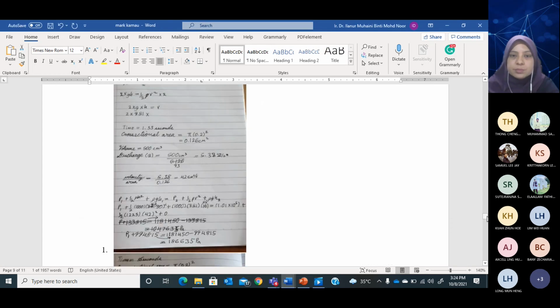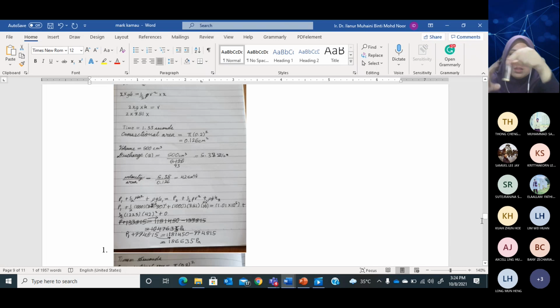Ma'am, how can we take out the area of a particular object? How to measure or calculate the area?